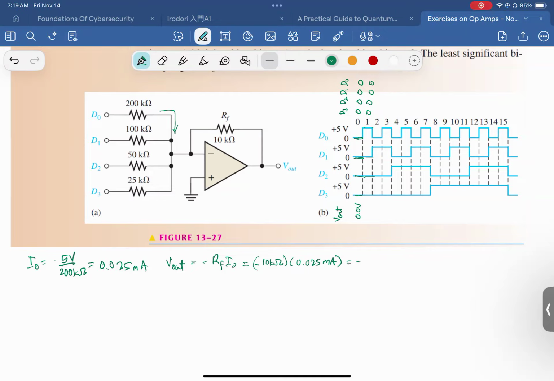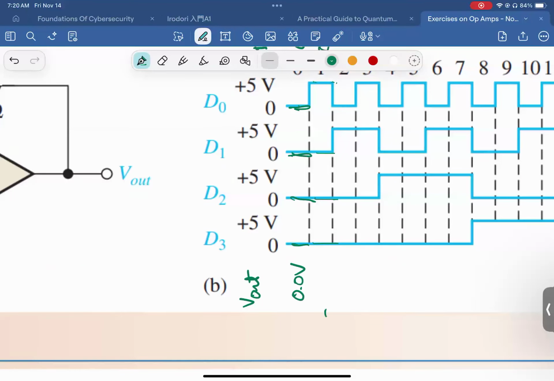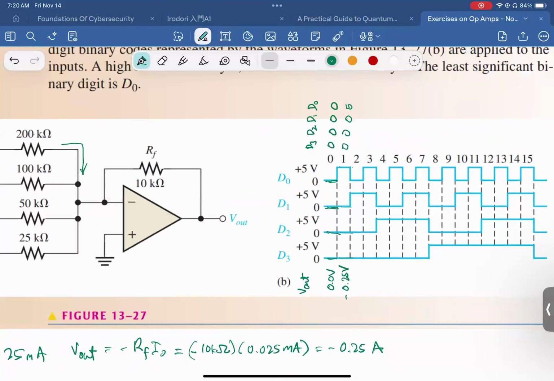So this will give us negative 0.25 volts. So pag sinulat natin siya dito, we have negative 0.25 volts as output signal.